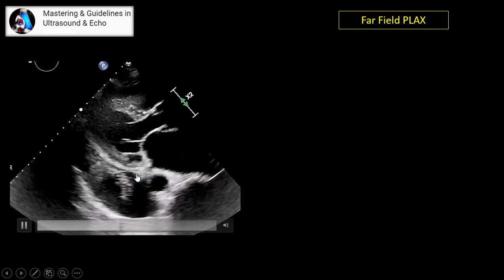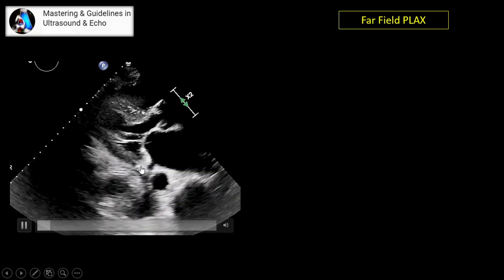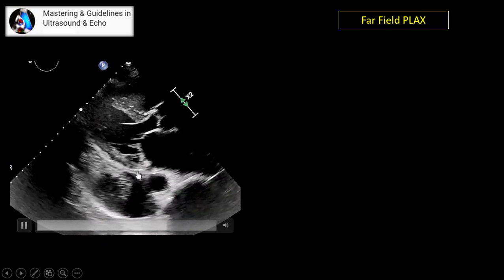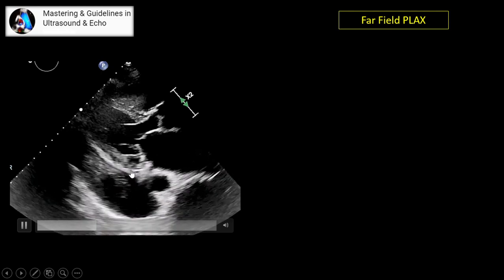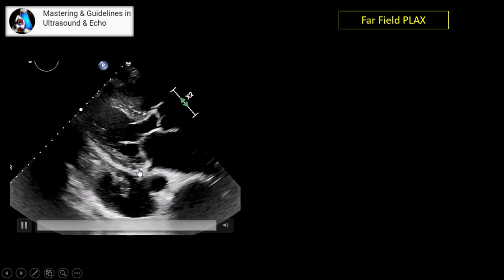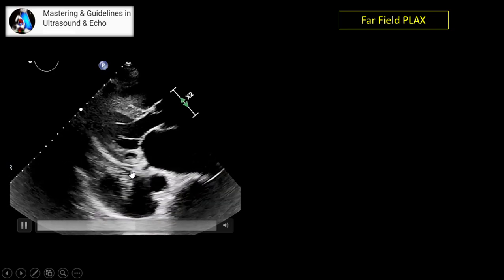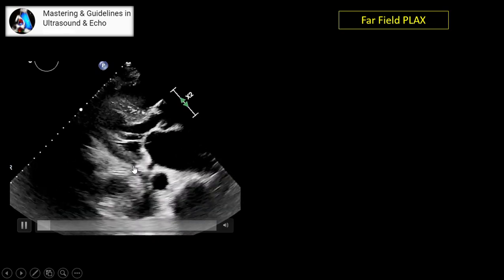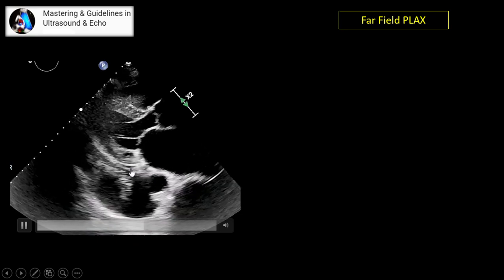Even if we look more accurately at the atrioventricular junction here, you will see a wedge-shaped hypoechoic or anechoic structure during systole, which tells us this fluid is pericardial effusion. The top one is the parietal pericardium, and the posterior one is the visceral, and the posterior one is the parietal pericardium layer.